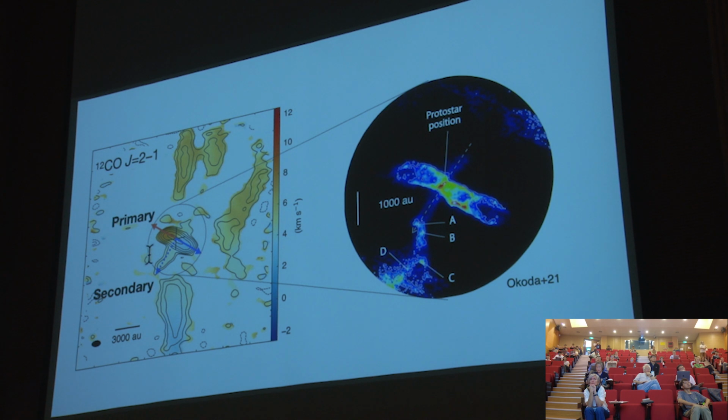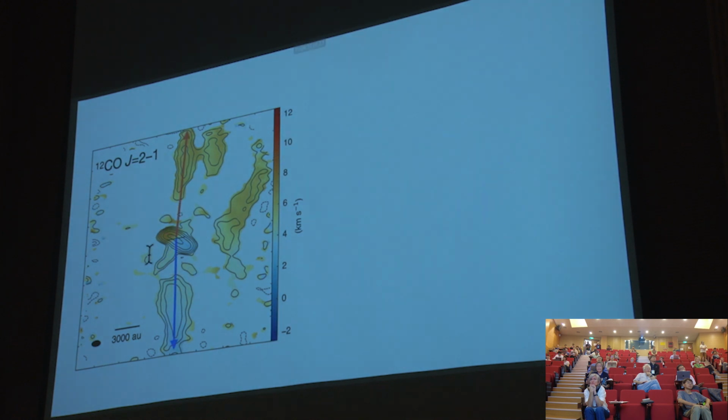But outside of this ALMA single pointing field of view, we still see much emission, and especially two of these structures appear very symmetric with respect to the protostar position, and also very symmetric with respect to the systemic velocity of this protostar. So it looks very much like an outflow.